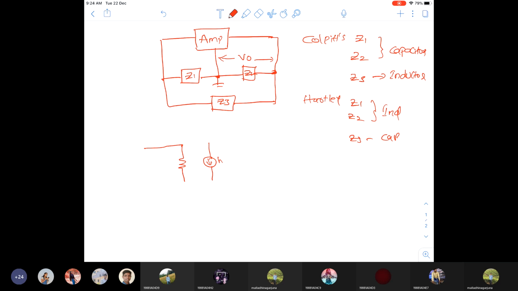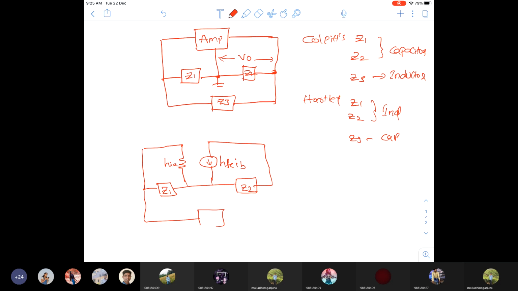I'm taking the simplified h-parameter model for easy calculations. This is the current gain, hfe into IB, and this is hie. Here are Z1, Z2, and this is Z3.